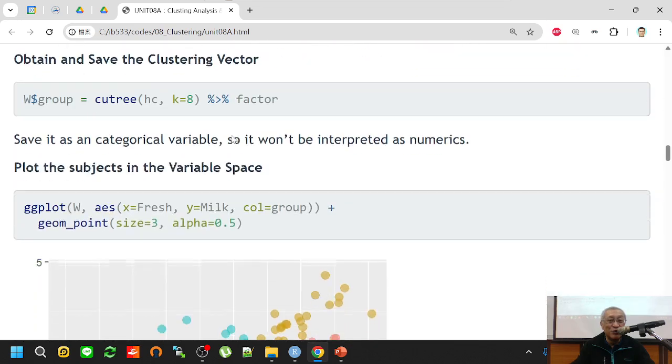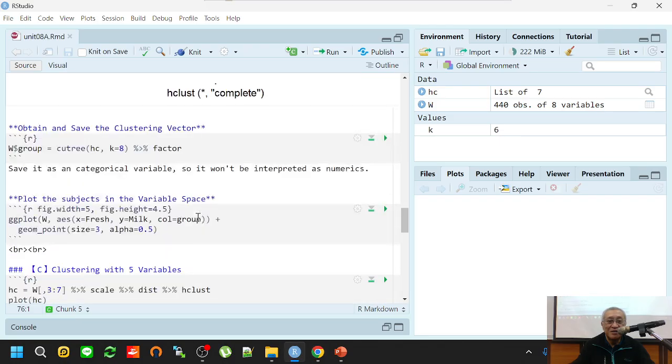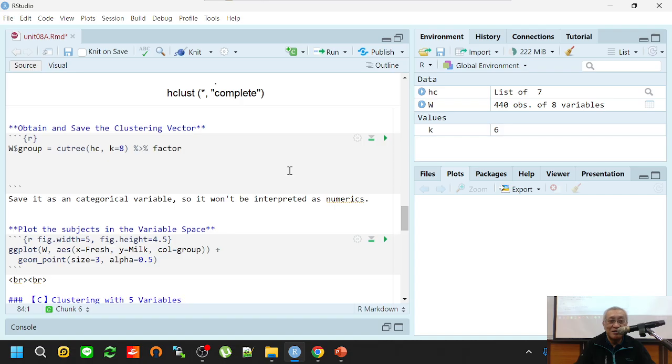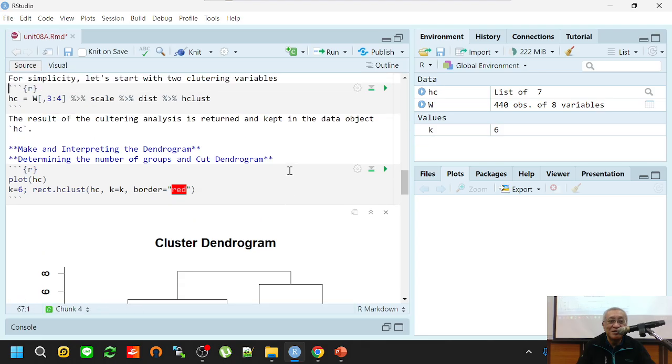So when you want to do a clustering, you can do it this way, right? I can actually combine the two pipelines together.